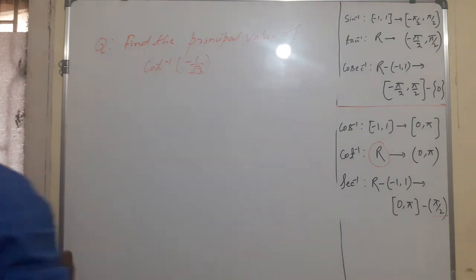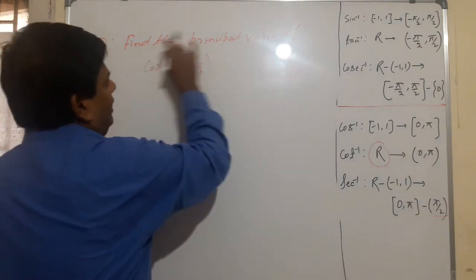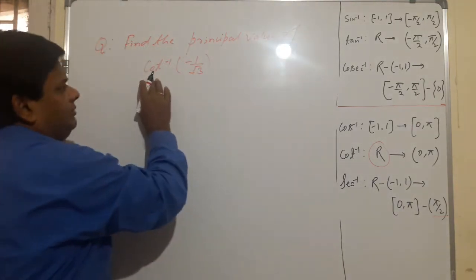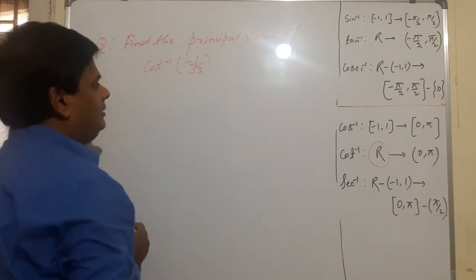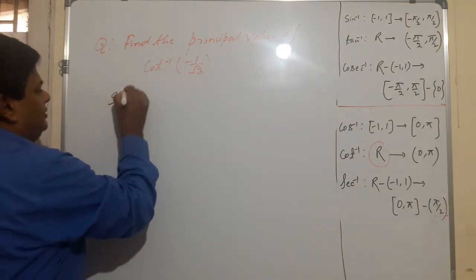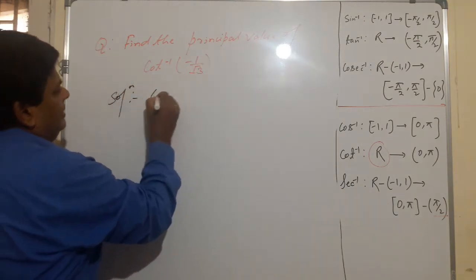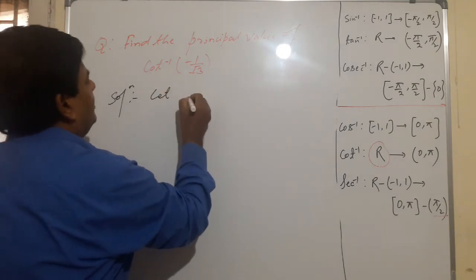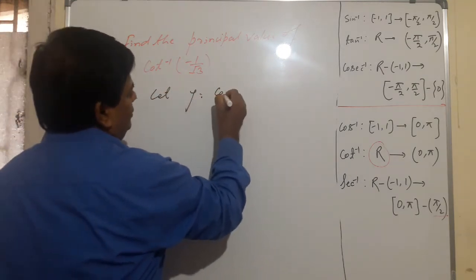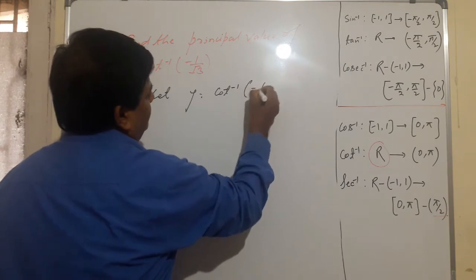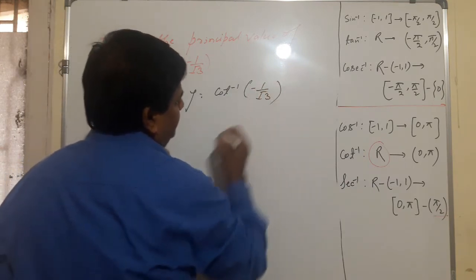Now find the principal value of cot inverse minus 1 by root 3. Solution: let y is equal to cot inverse minus 1 by root 3.